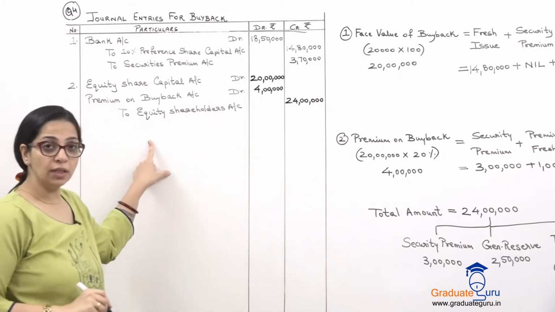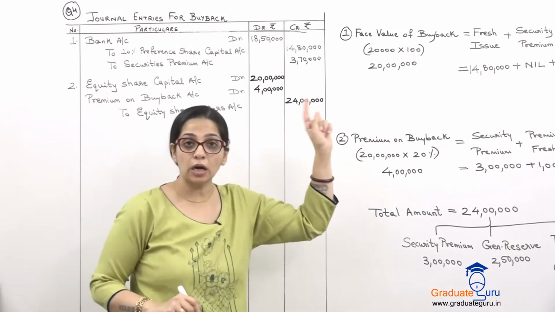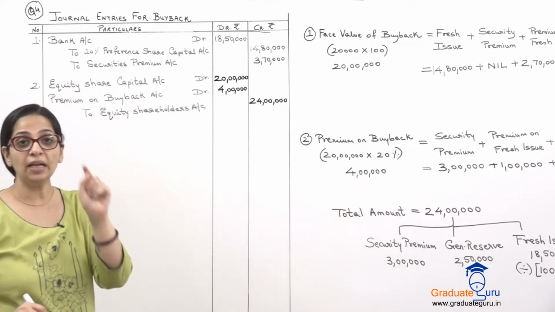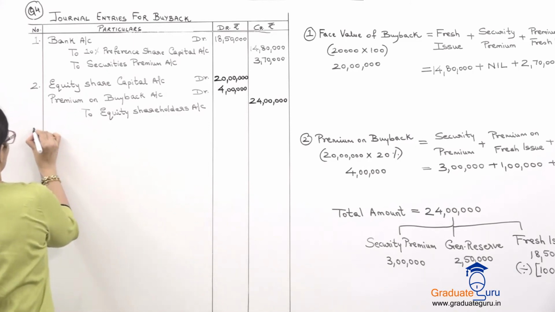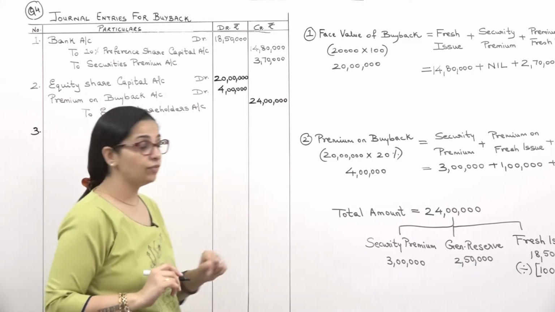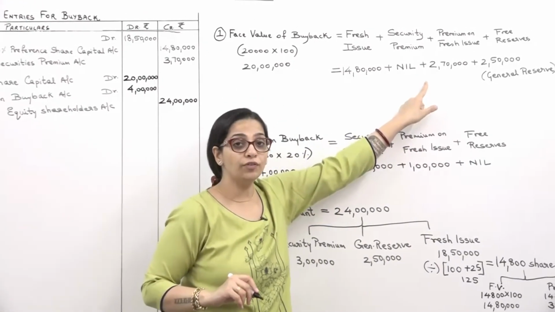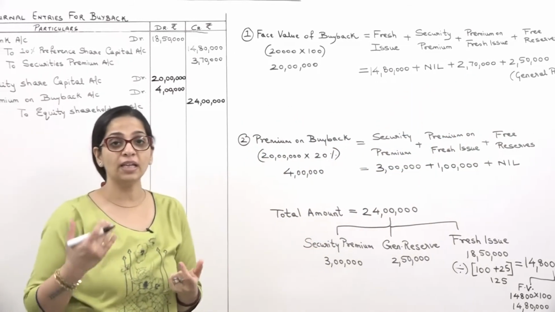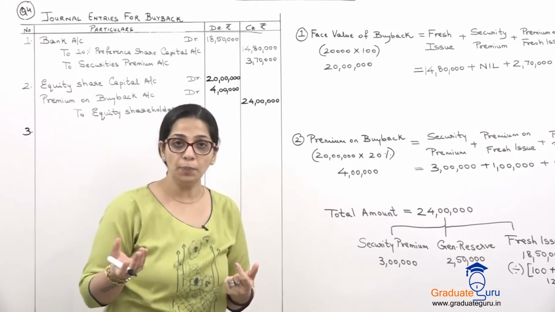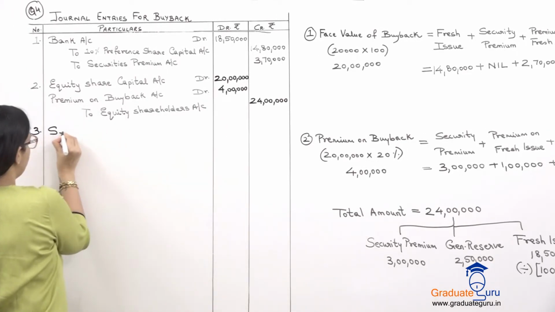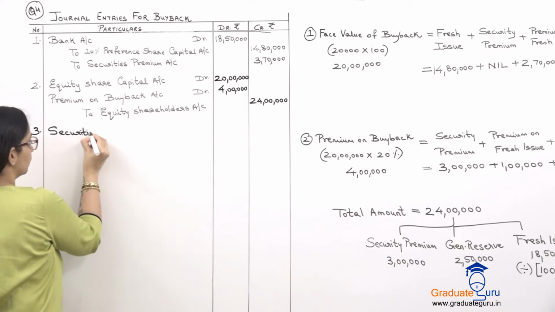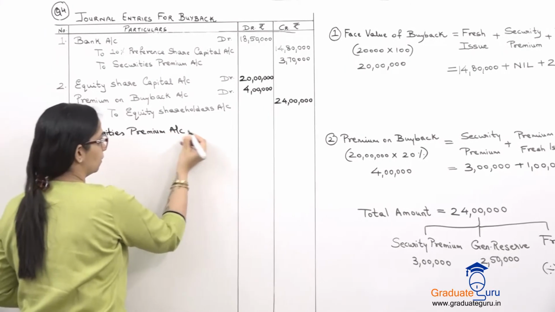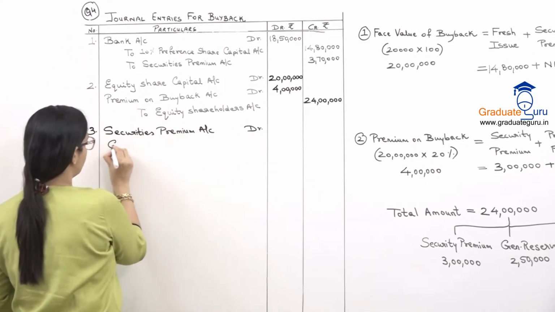Okay. After this, because we have used reserves for our buyback, we have to transfer it to capital redemption reserve. So which reserves have we used? The premium on fresh issue and general reserve. अब ये जो premium on fresh issue है वो हमने किस account में लिया है? Security premium. So securities premium account debit. General reserve account debit.